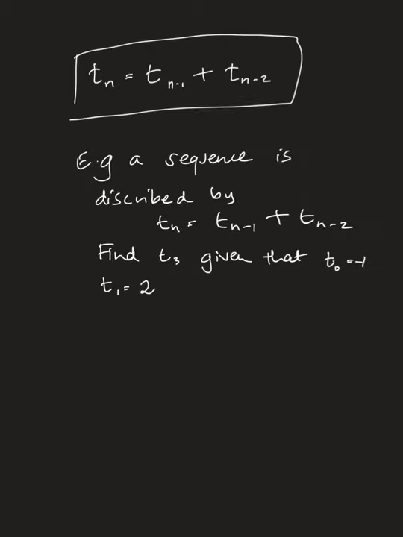Over the page, I didn't know if I wanted to go through this with you, but I'm just worried you'll come across questions. The recurrence relation, or the nth rule, will look like this.